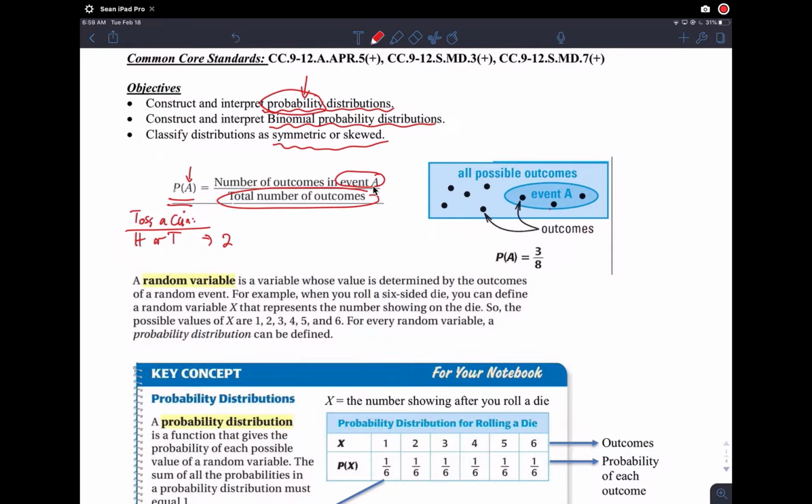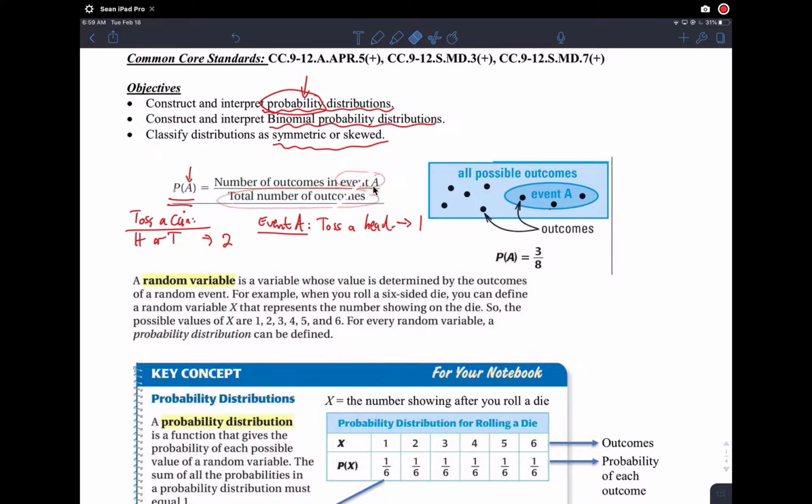And then if we define event A as I toss a head, how many ways can I toss a head when I toss a coin? There's only one way. I toss the coin and it lands with the heads up. So the number of outcomes here is 1.